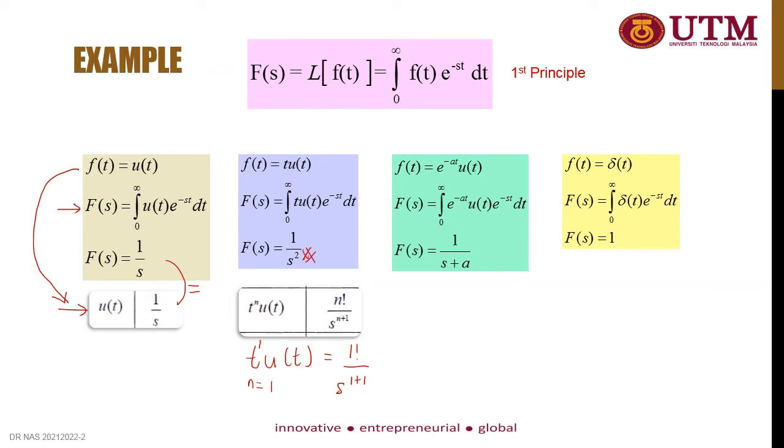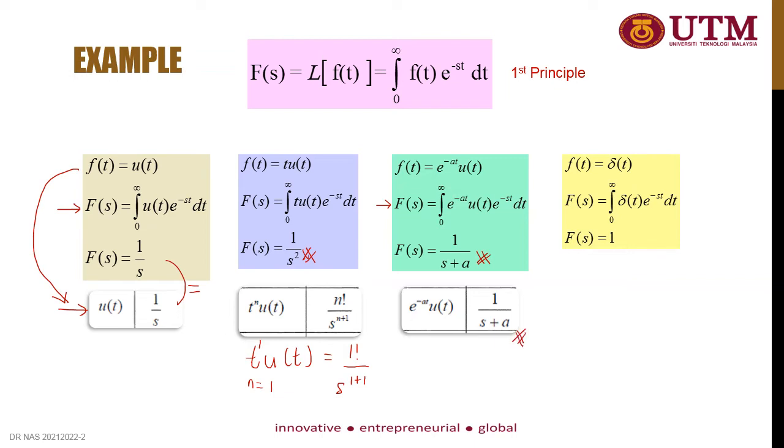So the third function, e^(-at) u(t). Again, using first principle, you get this equation. Now compare with the table. If you have e^(-at) u(t), you get 1 divided by s plus a straight away.